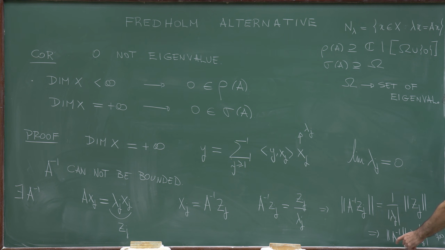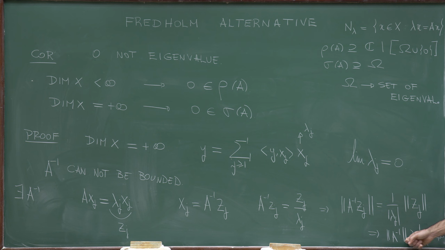And I recall that the norm of A minus 1 is the supremum of such expressions. Then the norm of A minus 1 is larger than the norm of A minus 1 zj divided by the norm of zj, and therefore the norm is bounded from below by 1 over lambda j. But the left-hand side does not depend on j. I can send j to infinity, and 1 over lambda j converges to plus infinity because the lambda j's are going to 0.